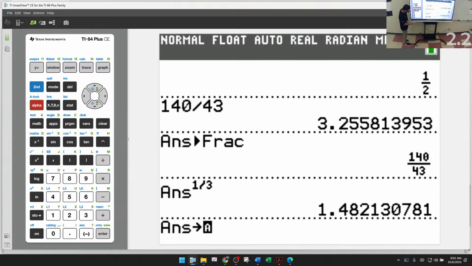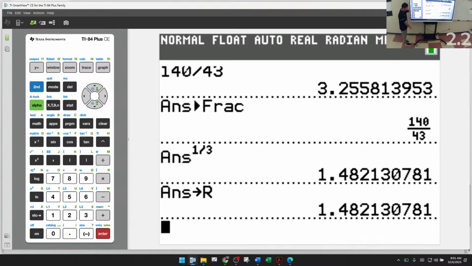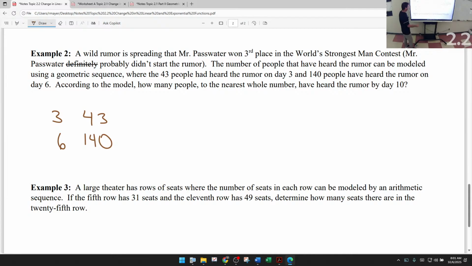OPQR, R. Now, every time I use R, it uses that number, and it uses the whole thing. Even though it appears to stop, it just keeps on going. It has it memorized. So get into that habit. Don't round anything in this class, ever. You can round it on your paper. Don't round it in your calculator. Okay, so now let's go back. I'm sorry, that was a soapbox.